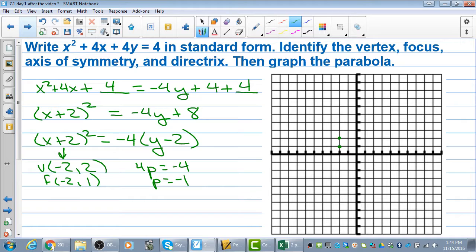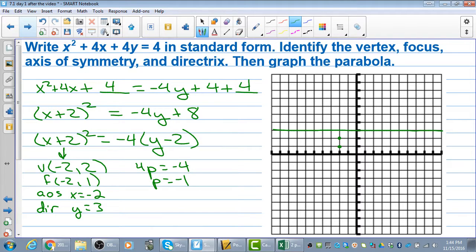Vertex, focus. Axis of symmetry is x = −2. It's a line. It's not a point, it's a line, so x equals. And then the directrix, that's part of graphing it, is, well, if the focus is 1 down, the directrix is 1 up. Right there, that's the line y = 3.